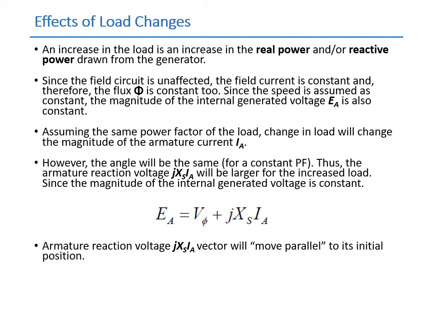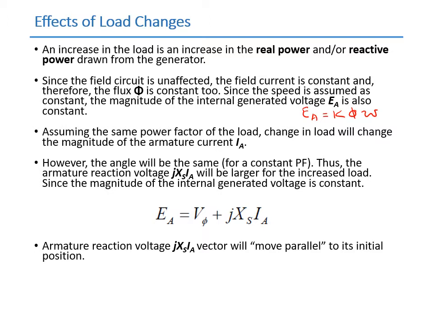Since the speed is assumed constant, as stated in the previous slide, the magnitude of the internal generated voltage EA will also be constant, as EA equals K phi omega. Omega is constant, flux is constant, K is a constant, and therefore EA is also constant.